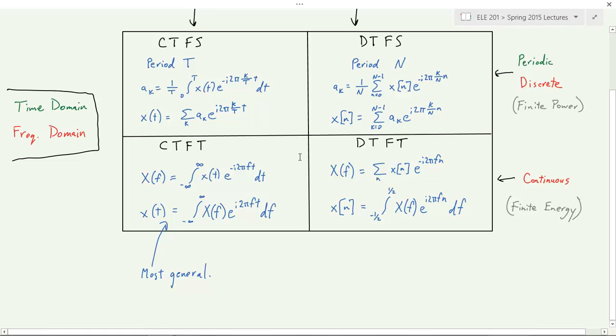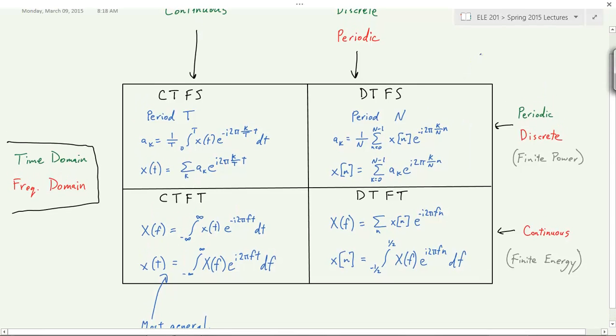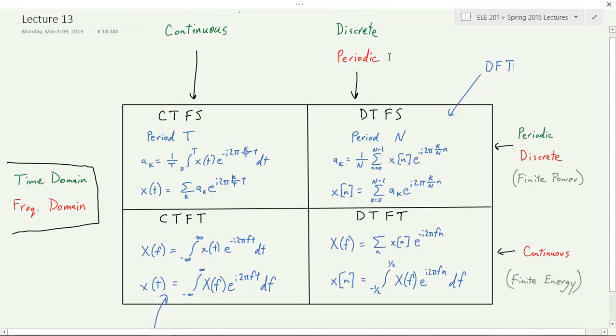All right. One more thing I should mention here is that the DFT is this corner. So the DFT, what you're using in MATLAB, is implemented with the FFT algorithm. That's this case of discrete frequency and discrete in time. And remember that we can interpret it: you always have a finite window of data.